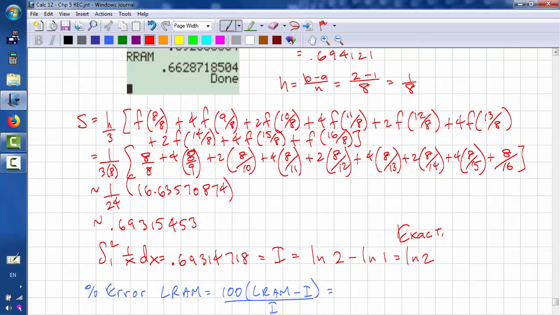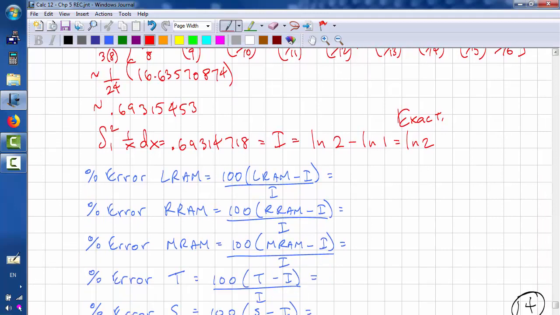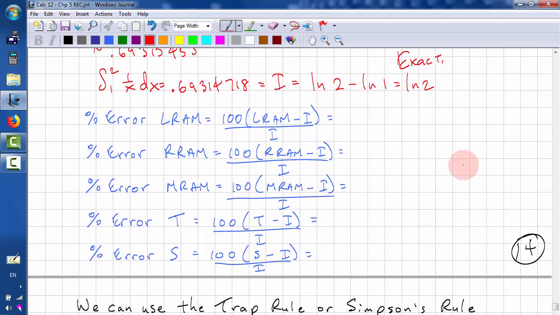Okay, let's do some error calculations to see which approximation is the best. So we take our LRAM minus I, multiply by 100, and divide that by I. So you always do the difference of the estimates and divide it by the actual value or the exact value and multiply that by 100.